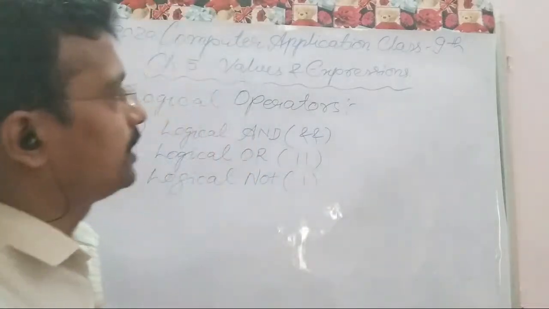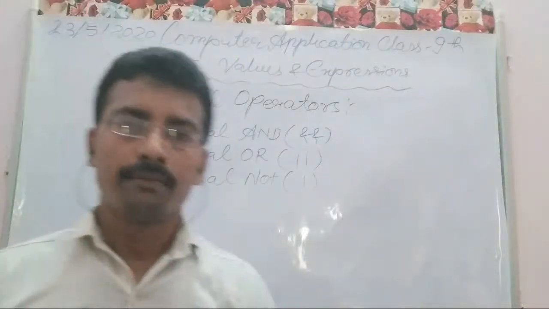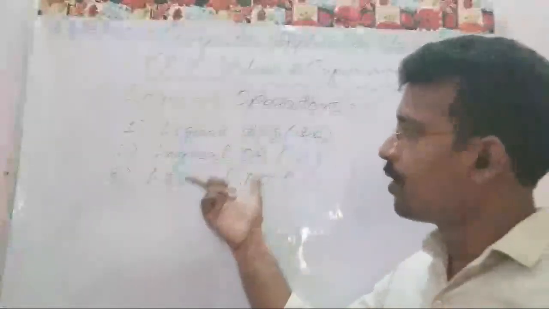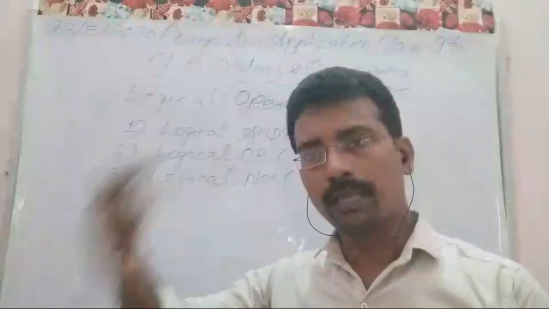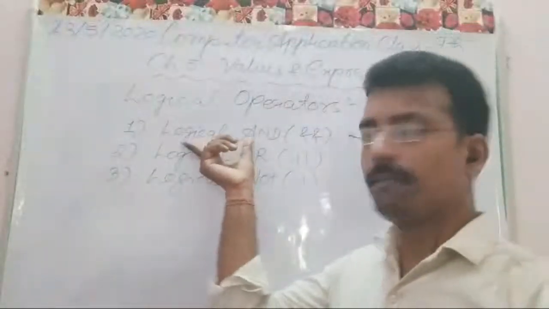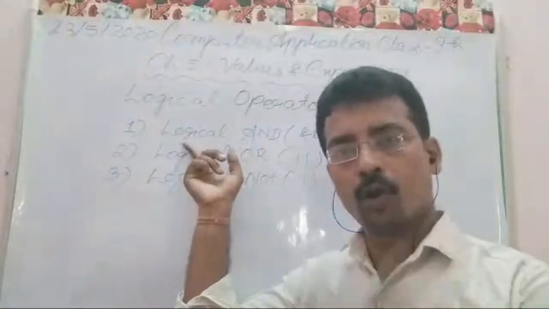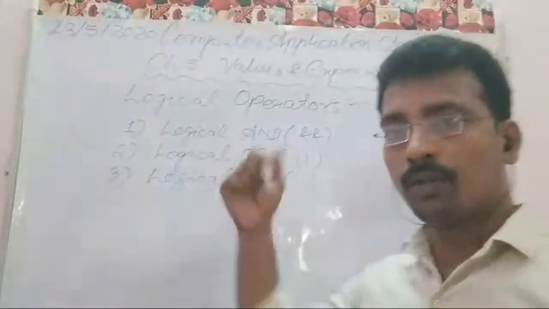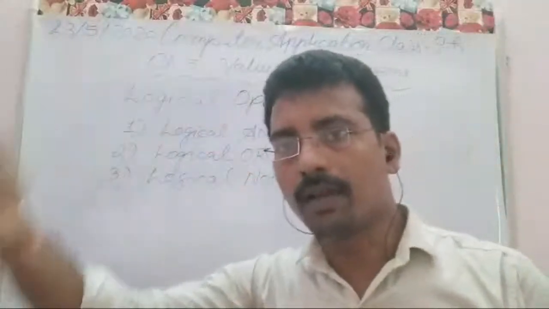So in the logical operators category, whatever operators we use are logical and, logical or, logical not. Normally they are used by the students as and, or, but it is very good if you are practicing their names as logical and, logical or, logical not, because the not operator is also there in the relational part.